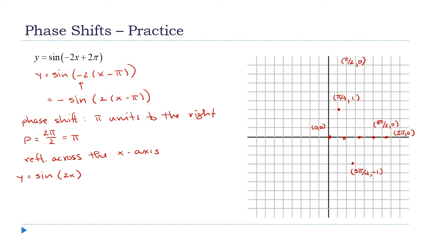Okay, so where's my maximum then? Well, it's going to be right here, right? And this has a period of pi. So if this one is at pi over 4, then the next one is going to be pi units over. So this one is (5 pi over 4, 1). And the minimum will be here at (7 pi over 4, negative 1).